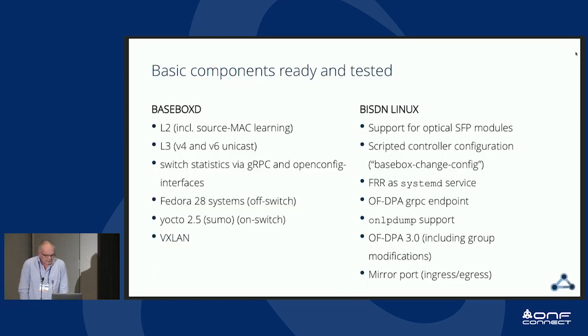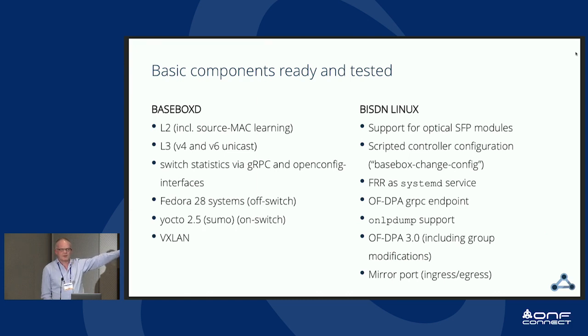So where are we really with this? It's been quite an effort, especially for a small company like us. There is layer 2, layer 3, V4, V6, VXLAN. For the off-switch operation, we have packages.